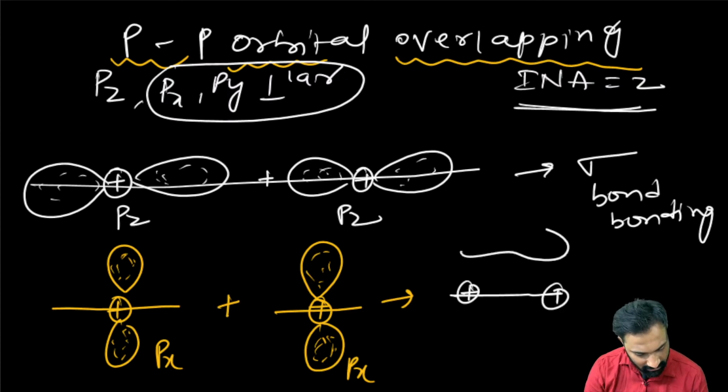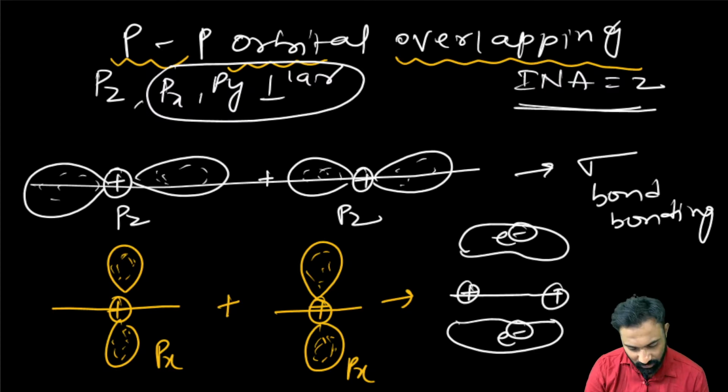Here will be the electron cloud, and here will be the electron cloud. Here are the electrons. In this manner the pi bond will be there. The electron cloud and the nucleus are far away from each other, so the pi bond formed here is somewhat weak. In this manner, the orbitals will overlap.